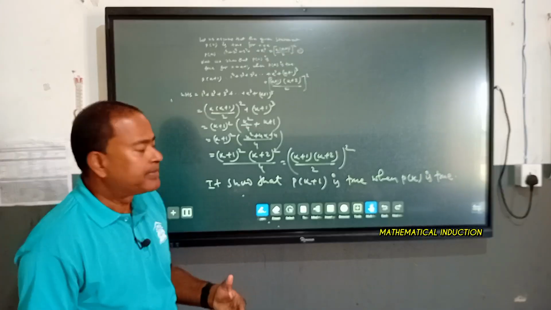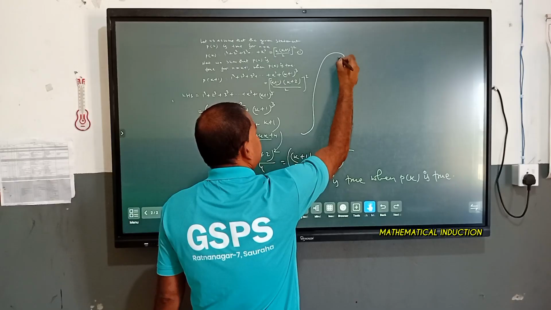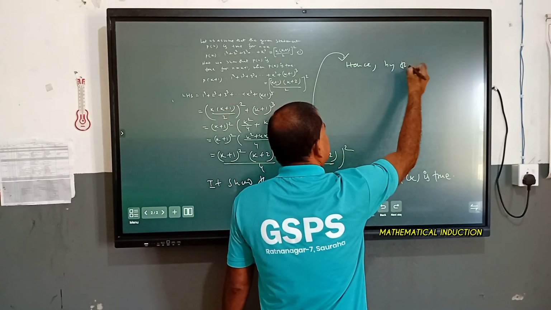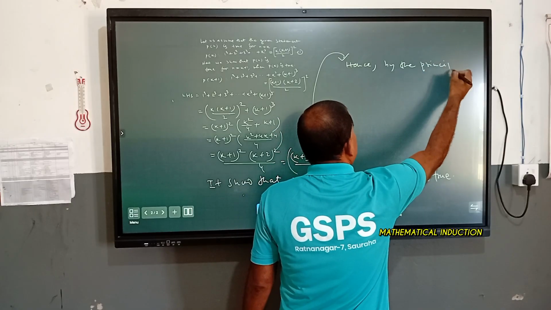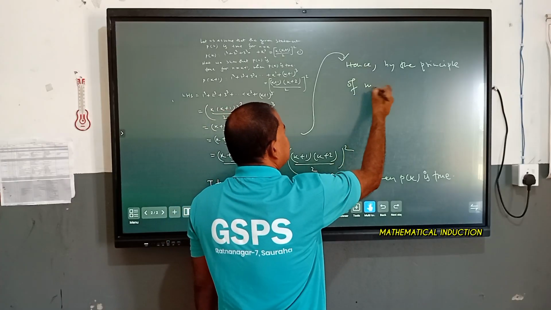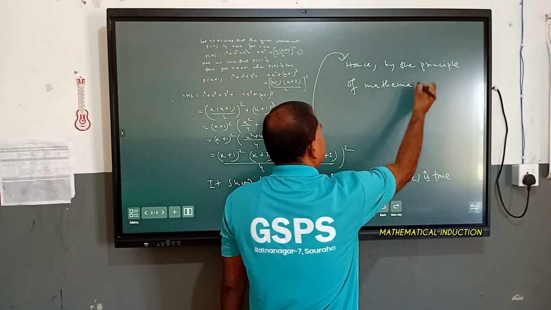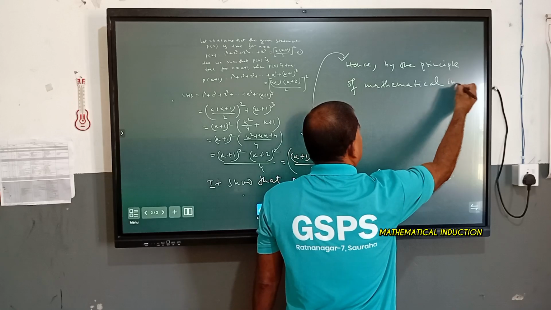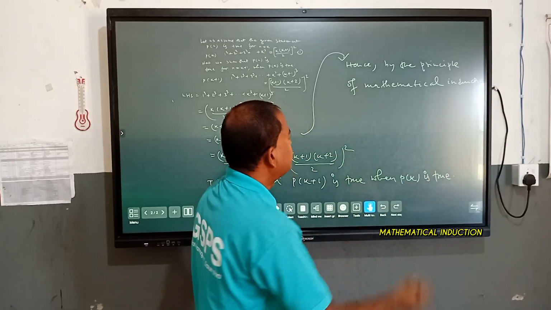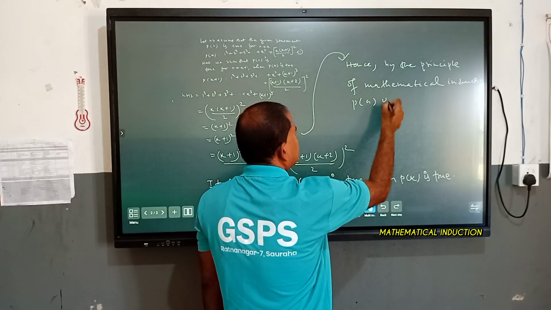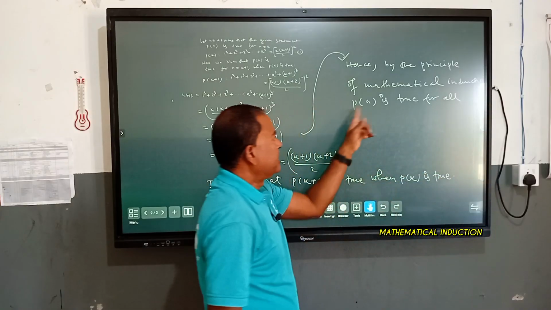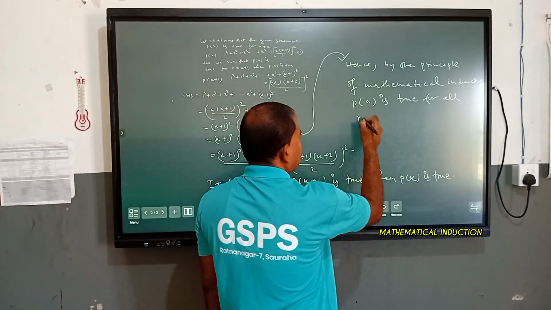Hence, by the principle of mathematical induction, P(n) is true for all the natural numbers.